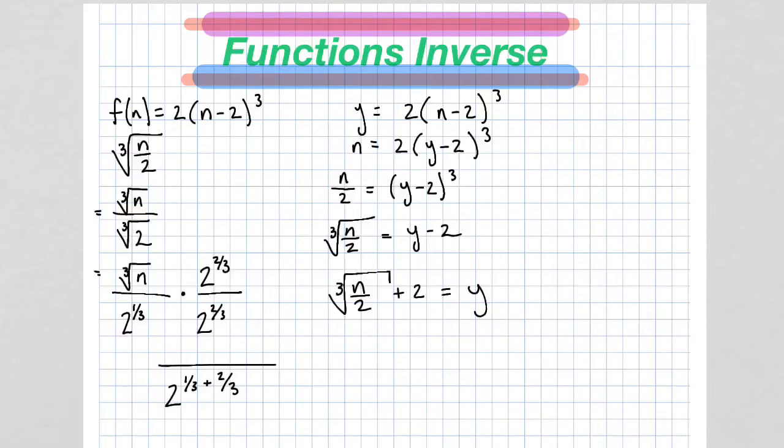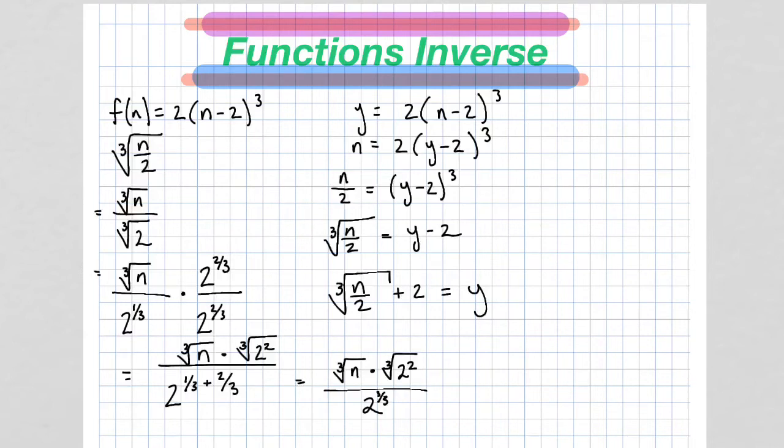In the numerator, I'm going to have the cube root of n times the cube root of 2 squared. Okay, 2 to the 2/3 is the cube root of 2 squared. So what we're left with is the cube root of n times the cube root of 2 squared, divided by 2. Okay, 1/3 plus 2/3 equals 3/3.